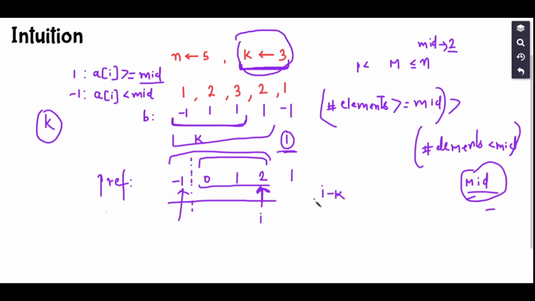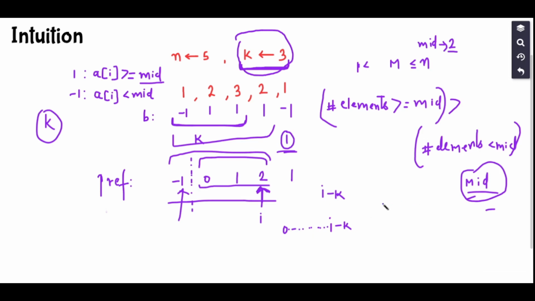So what I would do here, I would find the minimum prefix sum from position 0 till position i minus k for every position i. Why? From position 0 to position i minus k, I will find the minimum prefix sum. What does that minimum prefix sum represent?